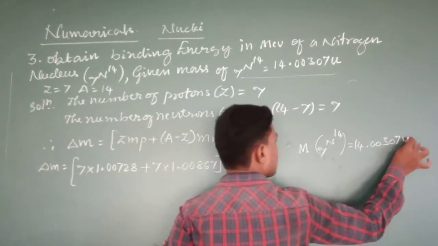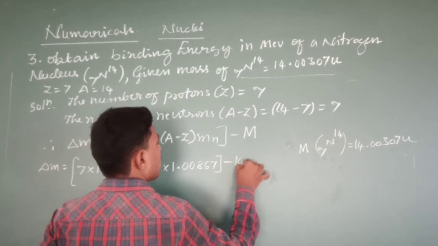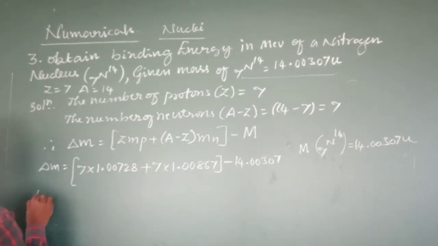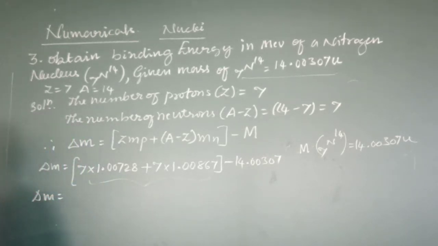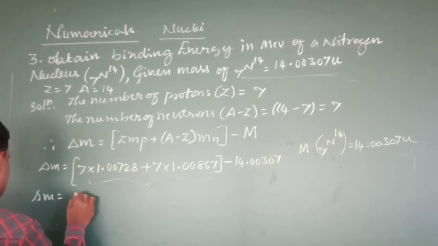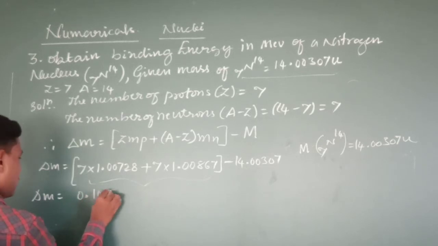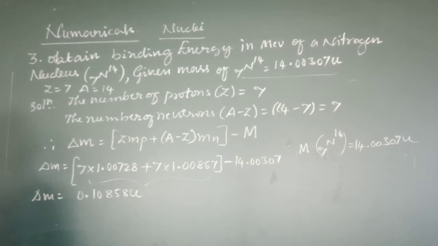If you simplify the bracket quantity and subtract 14.00307, you will get the mass defect delta M equal to 0.10858 atomic mass unit.